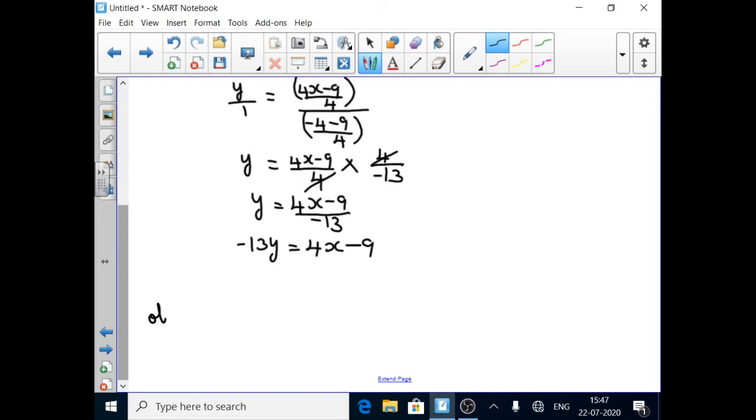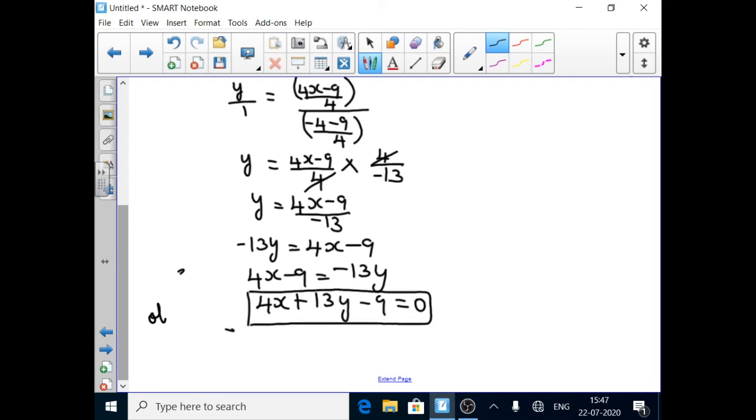X is positive, so bring it to this side: 4x minus 9 is equal to minus 13y. So 4x plus 13y minus 9 equal to 0. This is the required equation of the line.